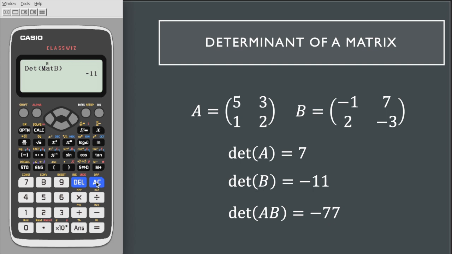So if we press AC, then go to Option, we then bring up our matrix menu, scroll down to determinant, press option 2, then go back to the matrix menu, so press Option, select 3 for matrix A, then press the multiplication key, then Option again, and select 4 for matrix B. Then close bracket, and if we press equals, you'll see that we get -77. So that's how we would work it out on the calculator.